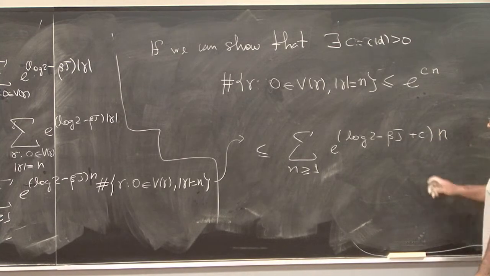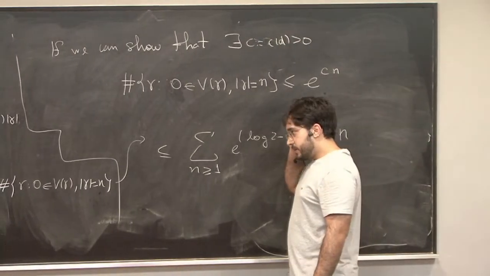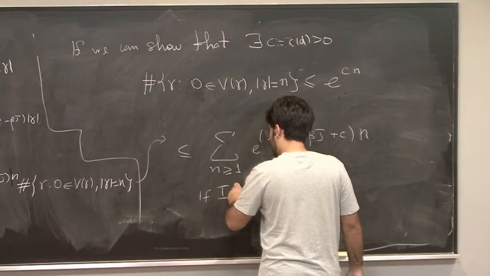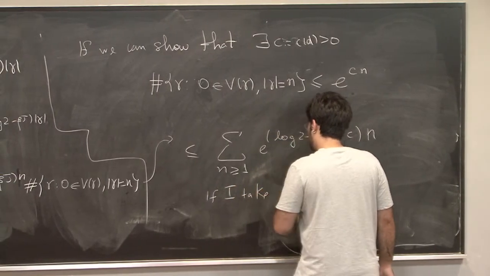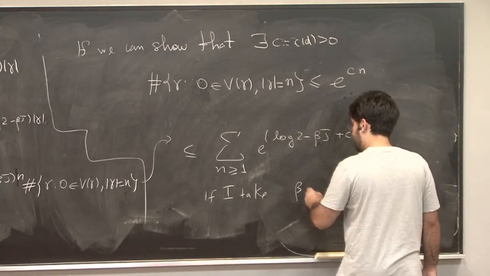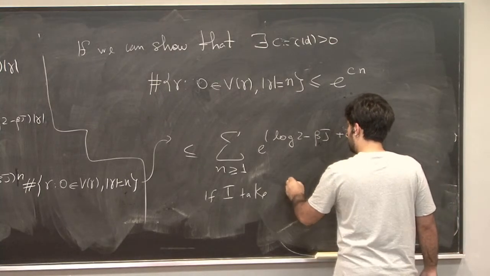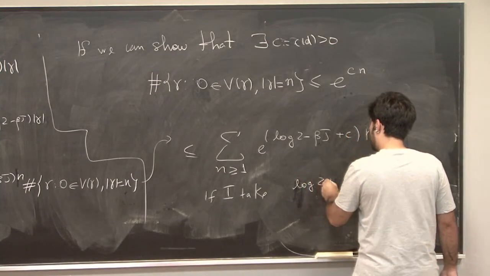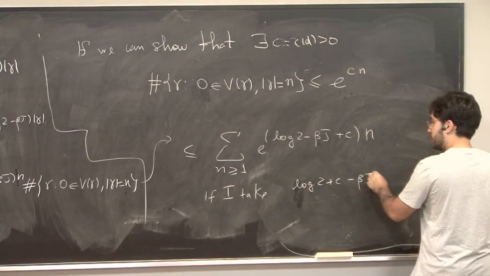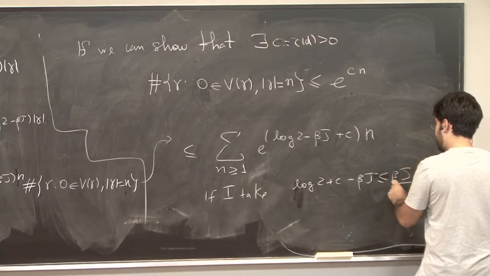But beta is a degree of freedom that I have. So if I take beta large enough, I want log 2 plus c minus beta j to be less than minus beta j over 2, for instance.